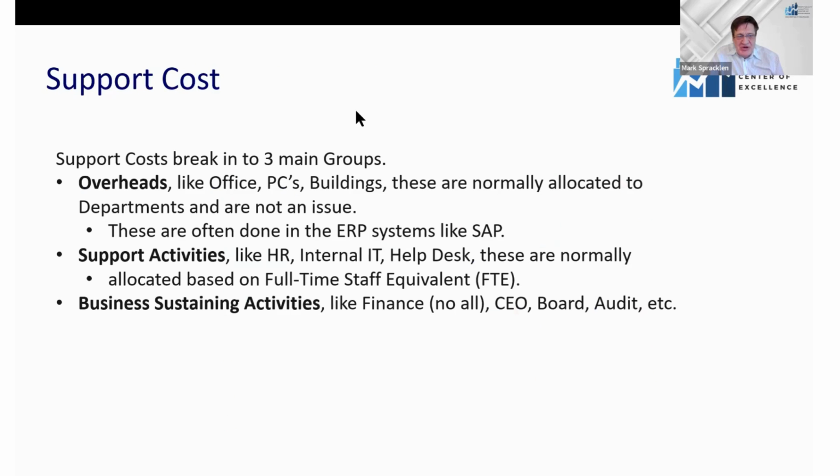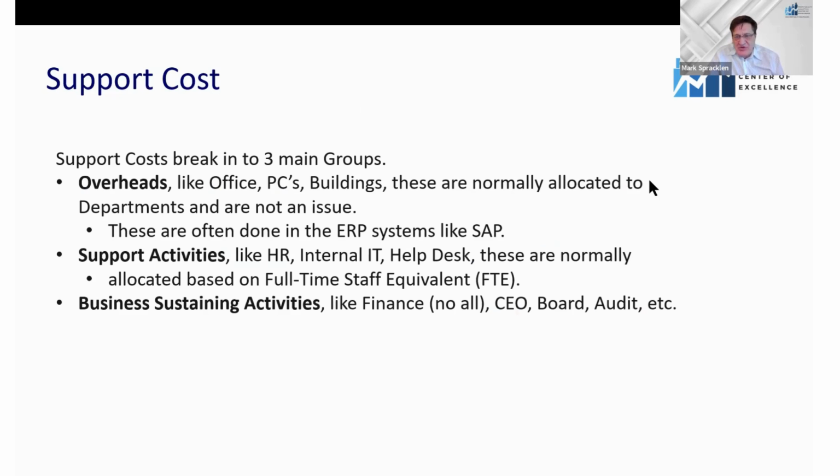So the number one place I find where I can simplify models quite quickly is the support costs. Now, the support costs, there's no real extremely tangible allocation anyway to the final products and services. And often they're just bundled together in an ad hoc type way.